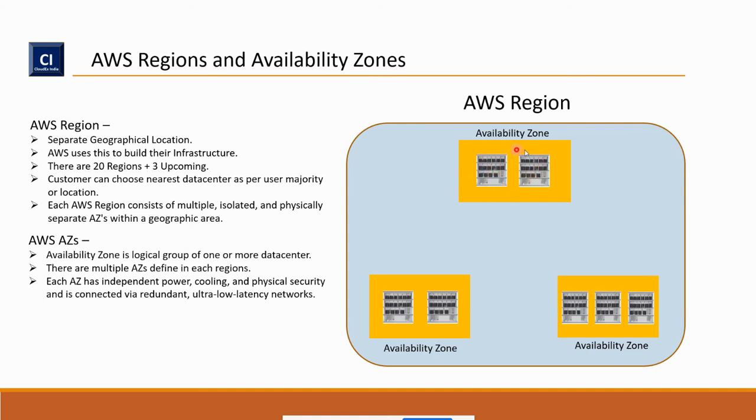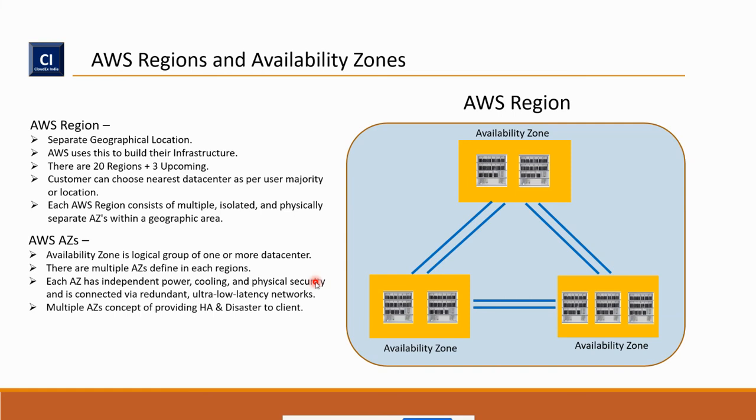And if these two data centers go down due to any flood or any disaster, it cannot impact the second availability zone or its data centers. Similarly for the third, and they are well connected with an ultra low latency network, so you will not face any latency if you are transferring data from one availability zone to another.